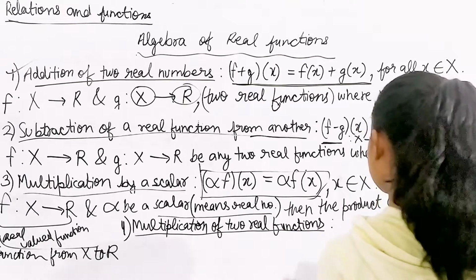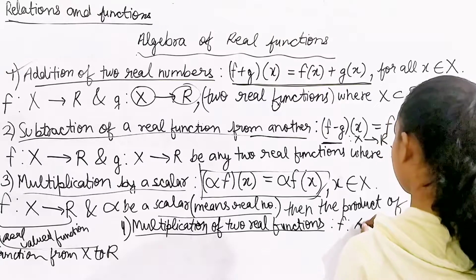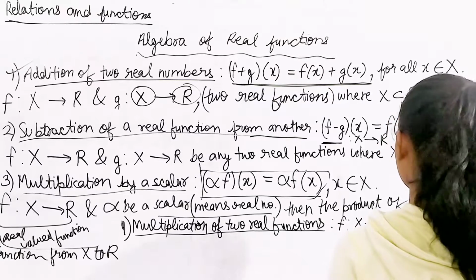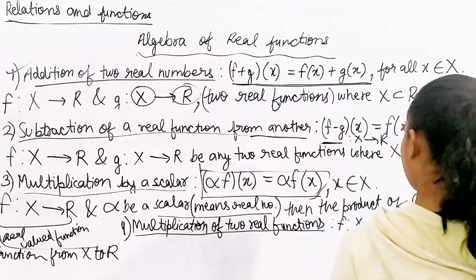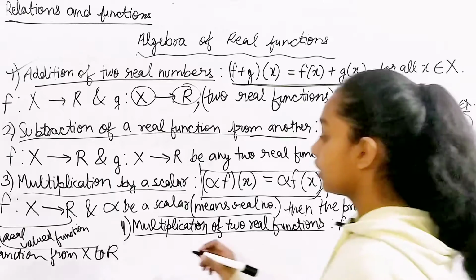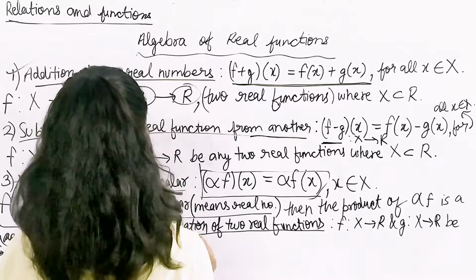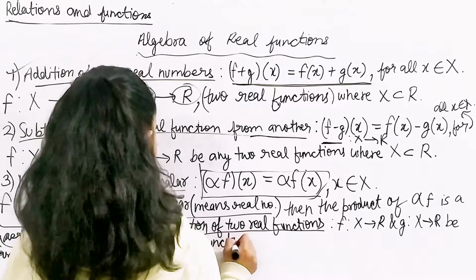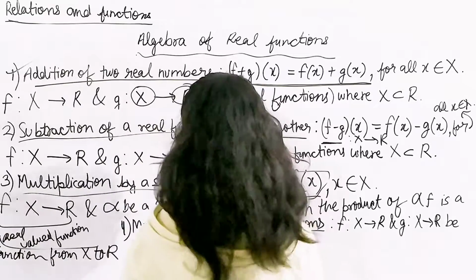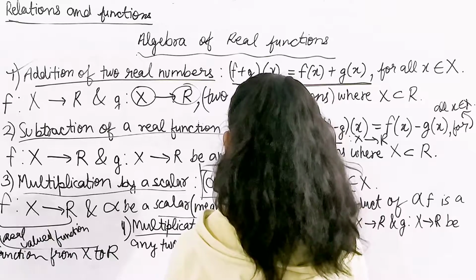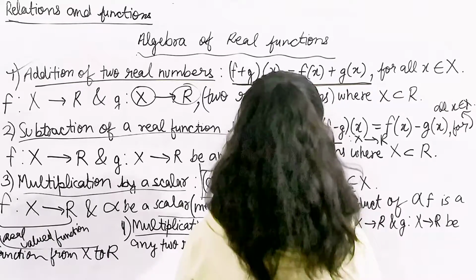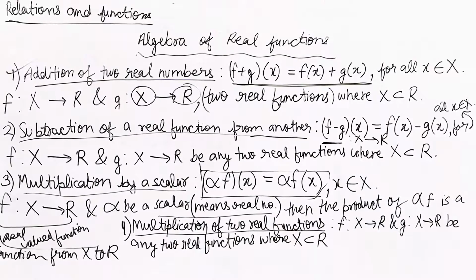So I'm going to say, let f be a function from X to R and g from X to R be any two real functions where X is a subset of R. Just have a look, is this statement correct, where X is a subset of R?